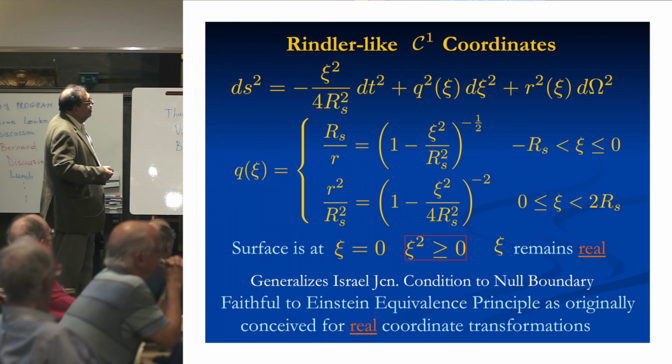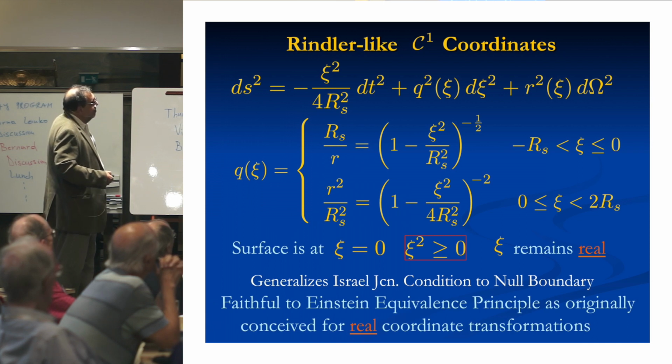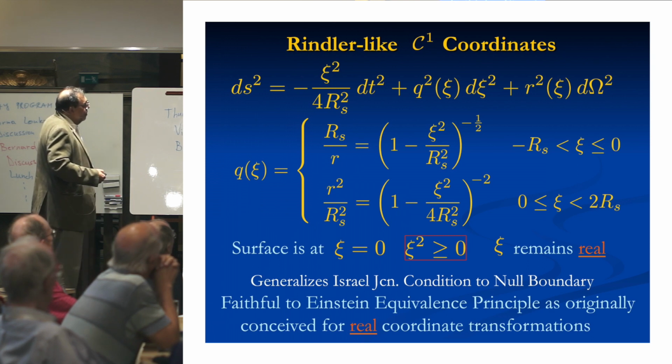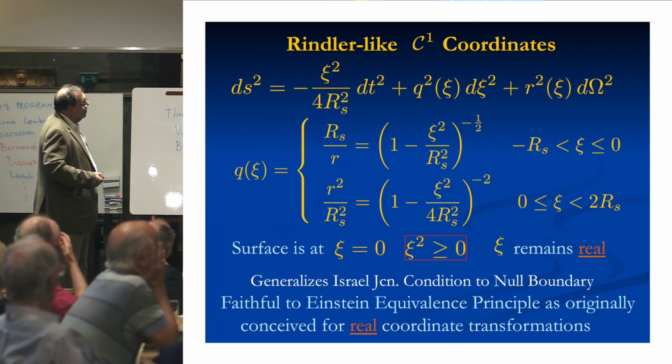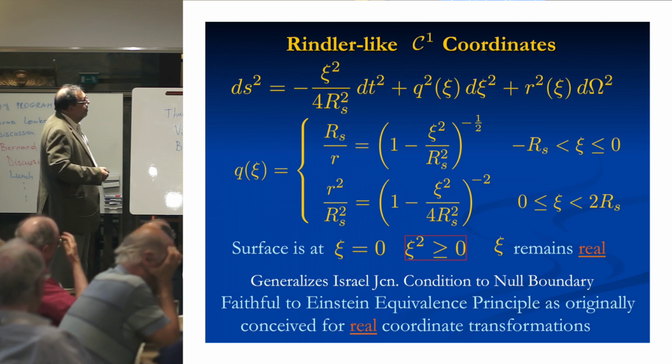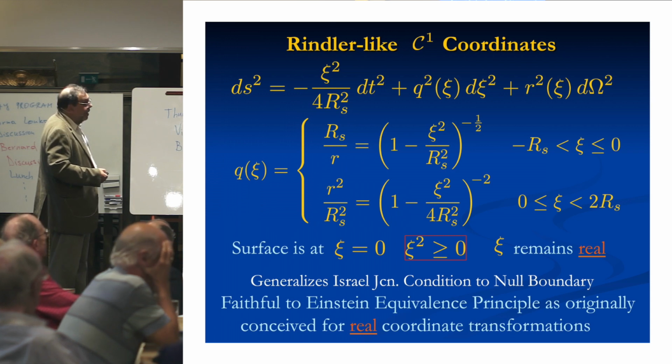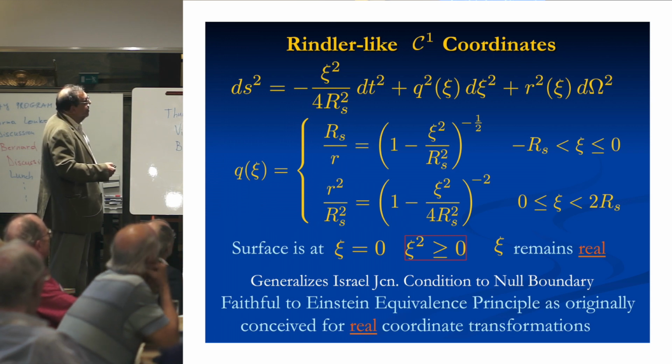through x equals 0. C is just a radial variable which remains real. For the interest of people who know about junction conditions, this actually serves as an example to generalize the Israel junction conditions to a null surface. So this is a perfectly reasonable boundary layer, which is C1.